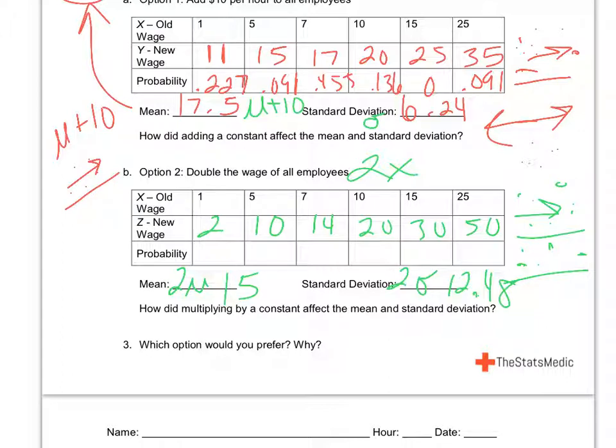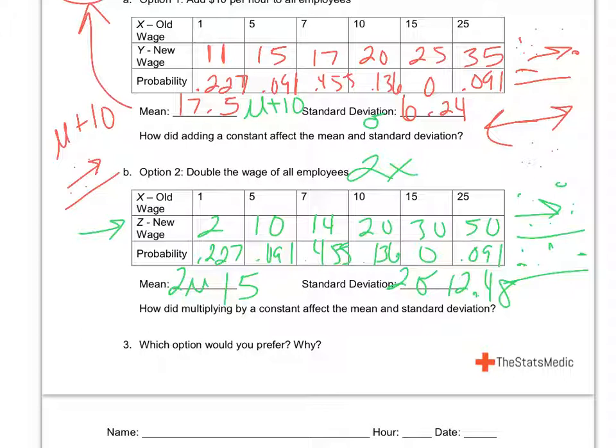I could put in all the wage values here in one list, and then all the probabilities, which are still the same, into the list next to it, and then I can one-var stats those 2 lists, and it will give me both my mean and my standard deviation. Well, it will give you your mean. It'll give you your standard deviation is what you really want there.